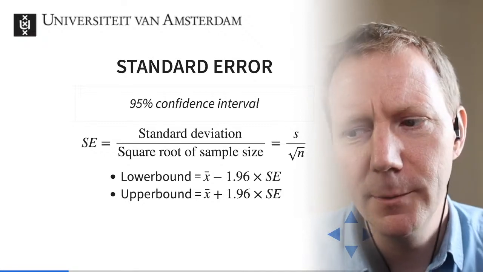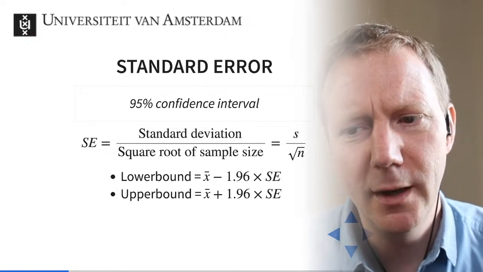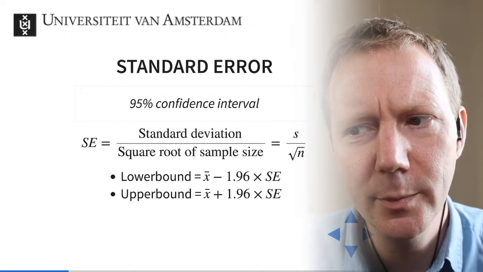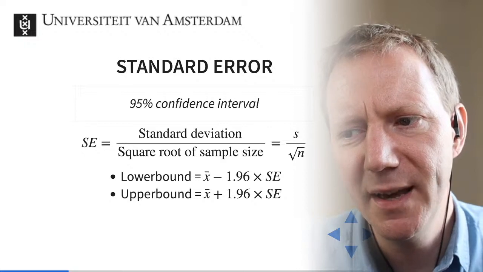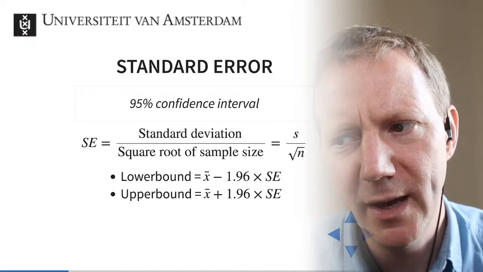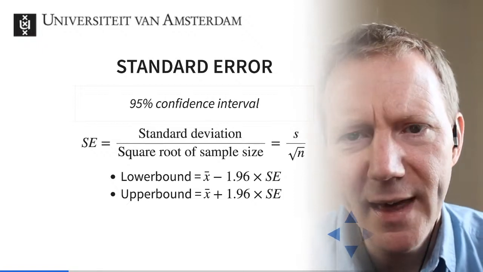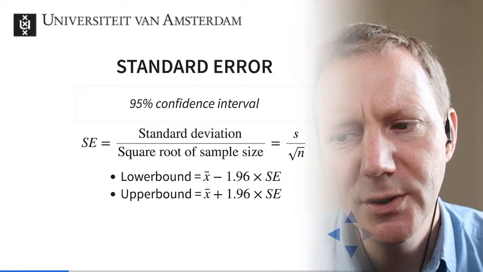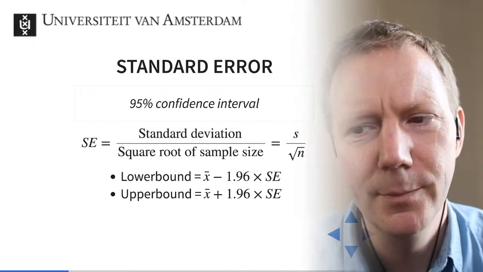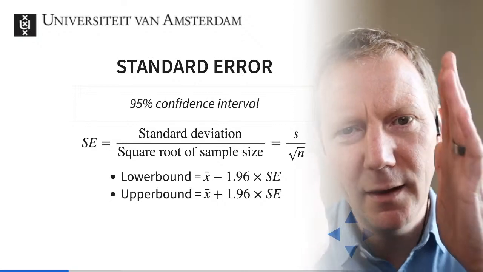and the confidence interval, as I've defined here, is the 95% confidence interval, based on this formula. You don't have to know this formula by heart, but look at it for a second and see that it's defined by the standard deviation divided by the square root of n, where n is the sample size. Based on that standard error, to determine the upper and lower bound, you add and subtract it from the average, multiplied by 1.96, and then you get a confidence interval.